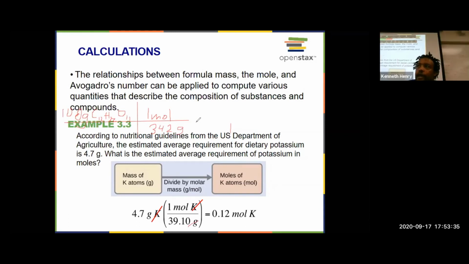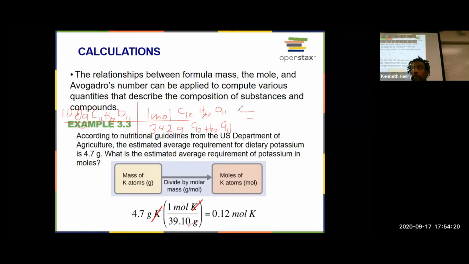So then your grams of sucrose are going to cancel out, and you're just going to be left with moles of sucrose. Piece of cake. Again, in this context, we're going to be using dimensional analysis.